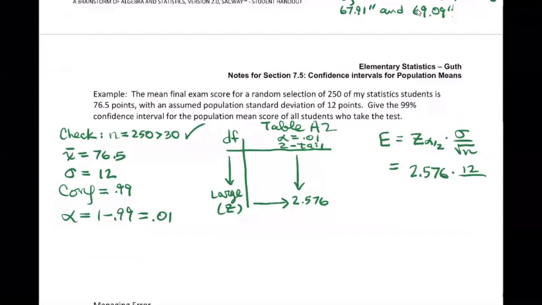And then it's over the square root of your sample size, which is 250. And again, I think I like 2 places because my mean has 1, so I like to increase the accuracy by 1.